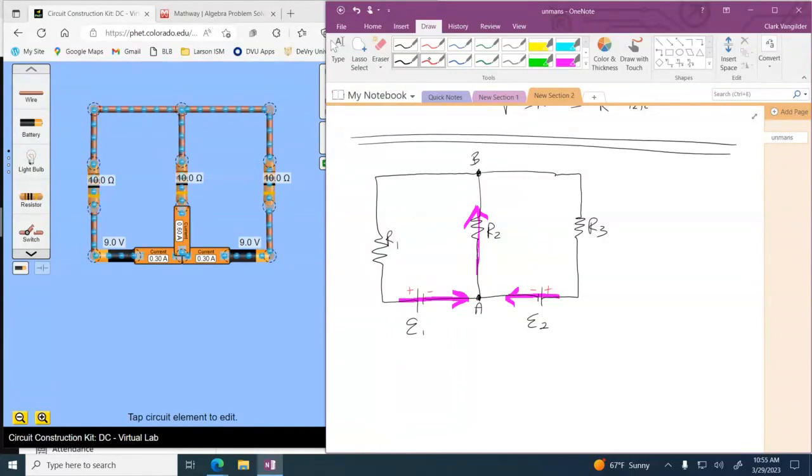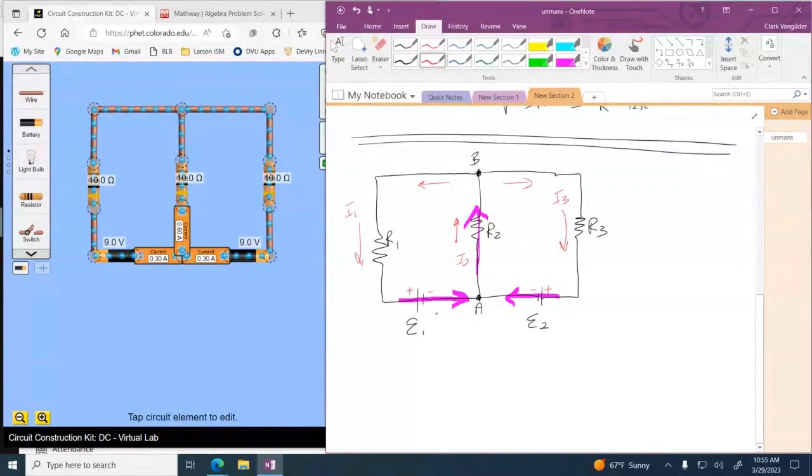So I'm going to call this I2, okay? And we could say that I2 going through resistor 2 is going that direction. All right, and that means that it's going to come up to this node and split off in those directions, which means the current going through resistor 1 I can call I1, the current going through resistor 3 I can call I3.